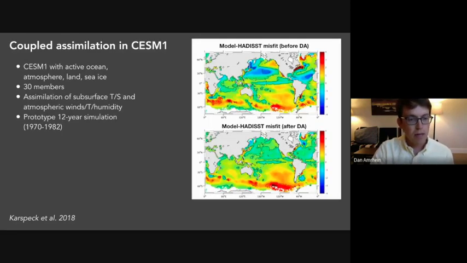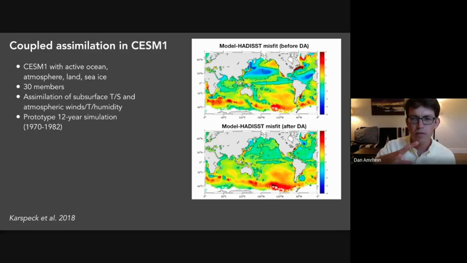A second application, published a couple of years ago, was now in a weakly coupled framework. By weakly coupled, I mean that this is CESM with active ocean, atmosphere, land, and sea ice, with 30-member ensembles. And the data assimilation is happening now not just in the ocean, but also in the atmosphere.